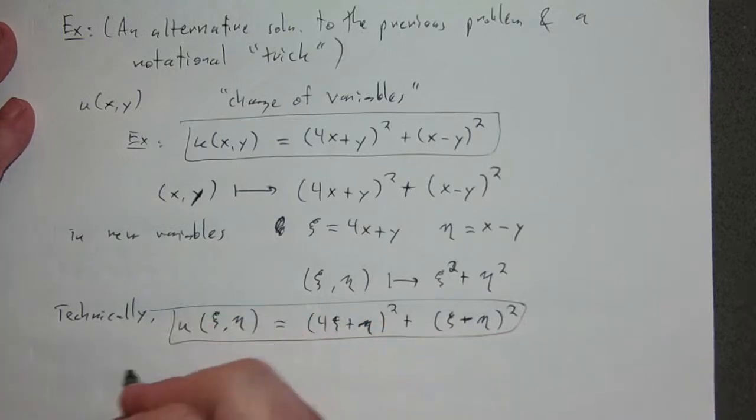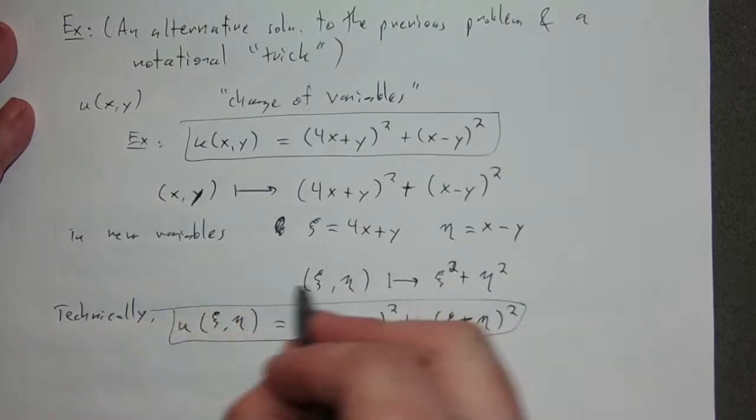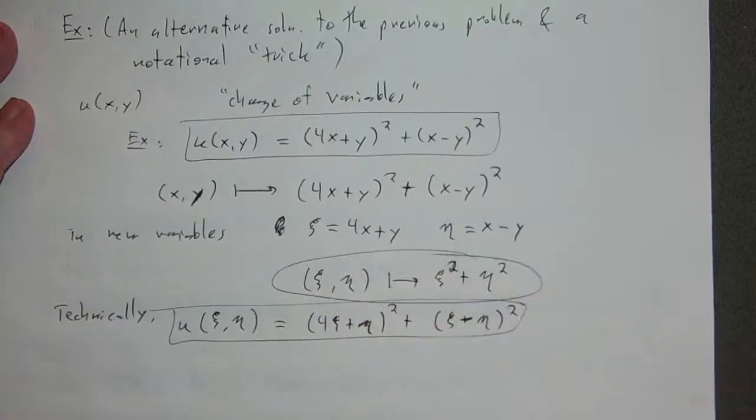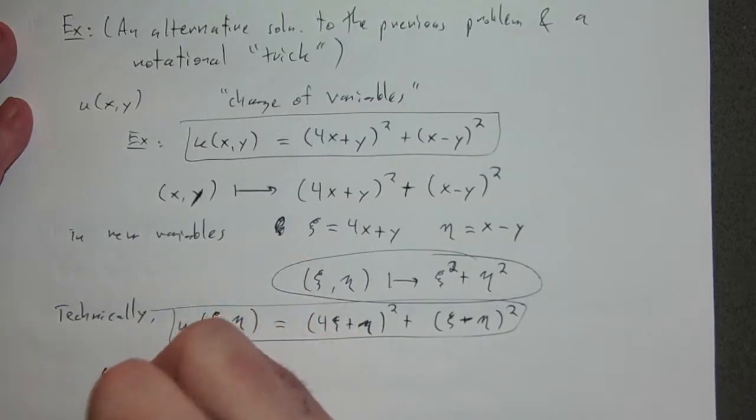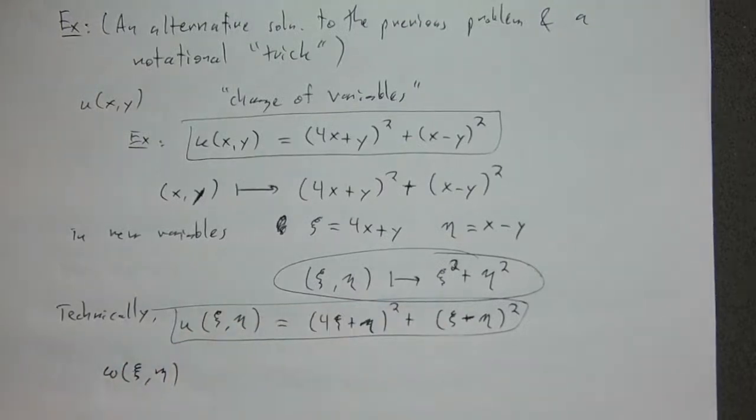So then what I would need to do, if I want to denote this function, the nice version of this, technically I would need to define some other name. I would need to maybe call it W or Omega or whatever, right?